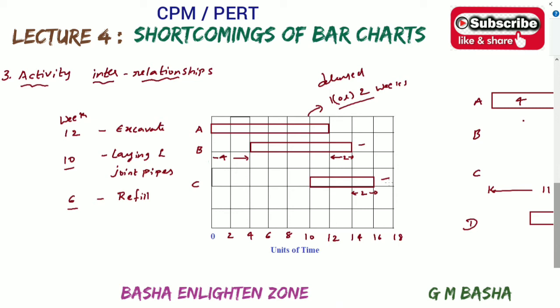We have to break the activity into a number of sections so that the corresponding sections of various activities are precisely depicted interdependently. For example, see here, this activity 1 will be divided into four sections. This is the first section.